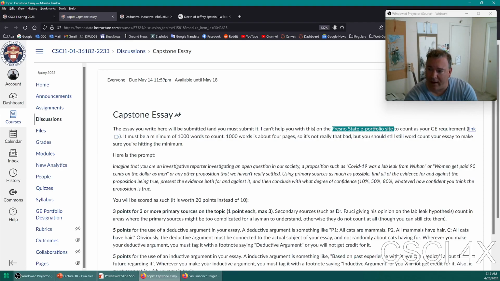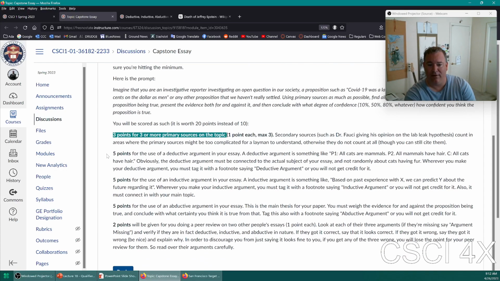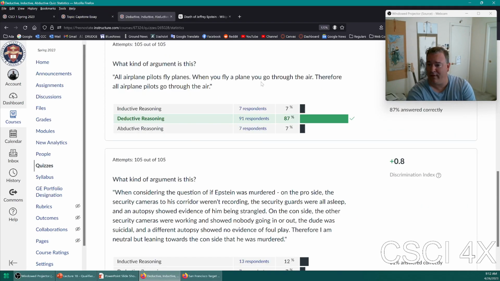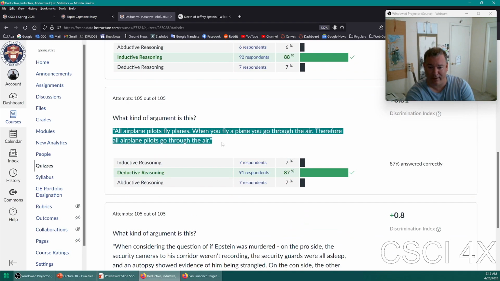So how you're going to get your points? You get 3 points for your primary sources on the topic. You're going to get 5 points for putting a deductive argument somewhere within your argument. A deductive argument would be something like, let's look at the last quiz. All airplane pilots fly planes. When you fly a plane, you go through the air. Therefore, all airplane pilots go through the air. That is deductive reasoning.